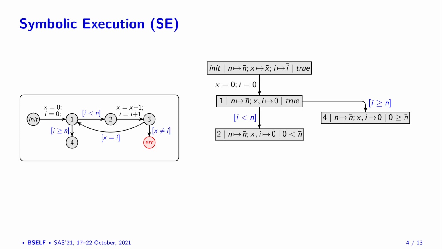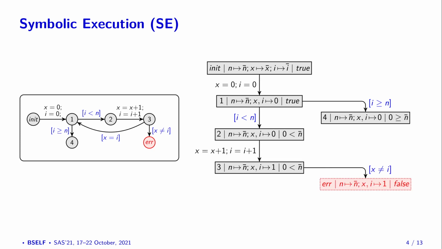Similarly, we evaluate the edge from 1 to 2, generating a new state where we remember that 0 must be less than the symbol for n. Each path in the symbolic execution tree corresponds to a feasible execution path of the program that starts in init. If we continue generating the states, we get to executing the edge from 3 to the error location.